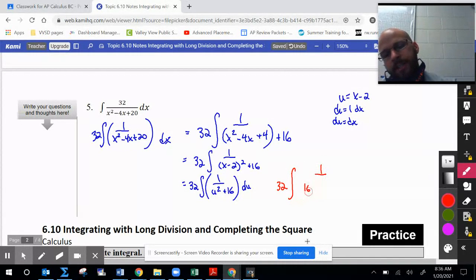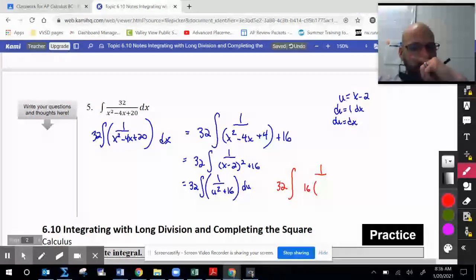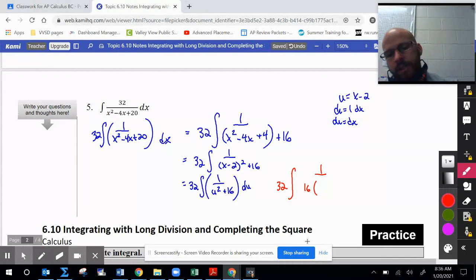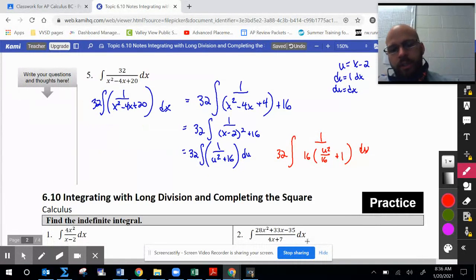I'm going to take a 16 out front. Okay, and what that's going to give me, if I factor out a 16, that's going to be a u squared over 16 plus 1 du. And I can now take that coefficient out front.